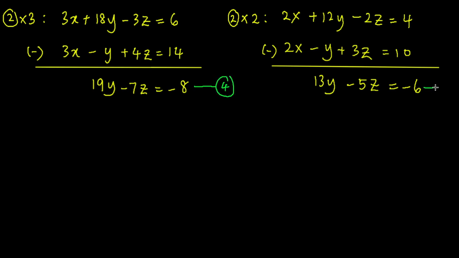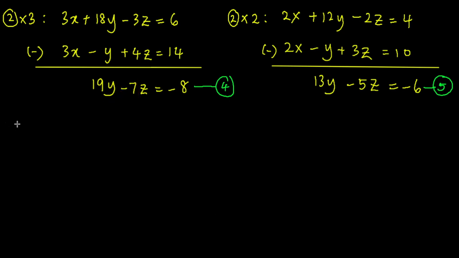This is equation number 5. Okay, in this case, we eliminate our z, right? Because 7 is smaller than 19, right? 5 is smaller than 13. So don't deal with a bigger number, because if you deal with a bigger number, the chances to make mistake is high, right? So we deal with a smaller number here. So I will eliminate our z here.